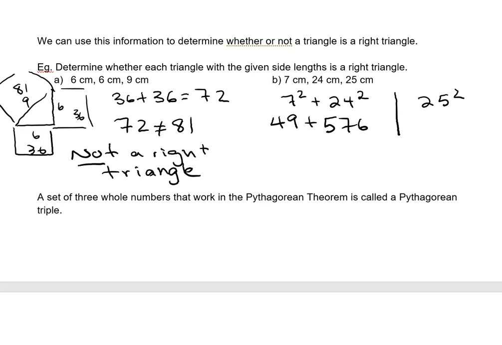If I add 49 to that, I get 625. And 25 squared is 625. I said it was something different later, 525, and that was wrong. Please change that. So these are equal, and therefore, yes, this is a right triangle.